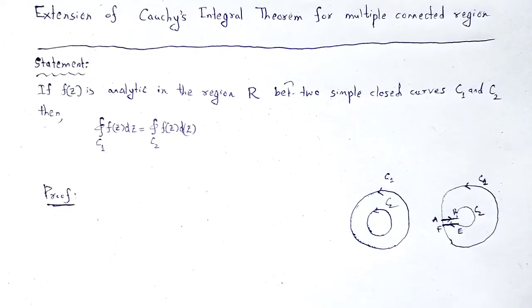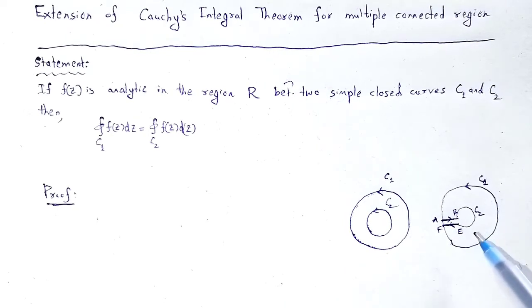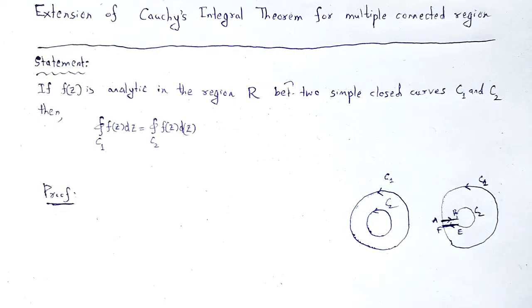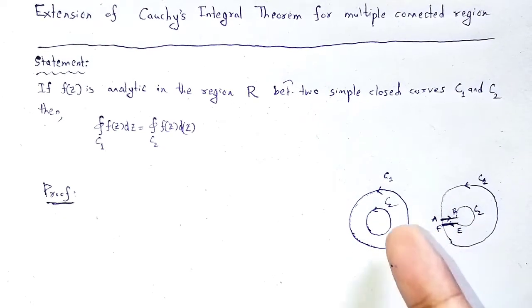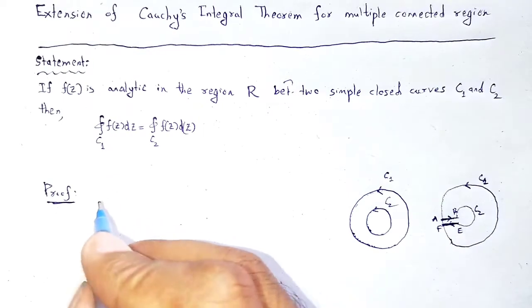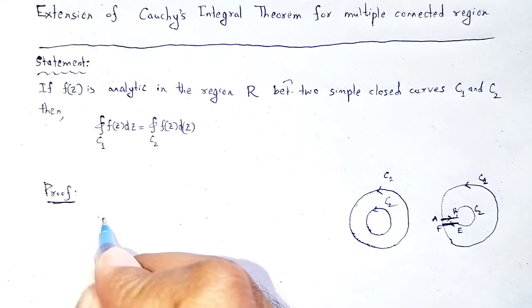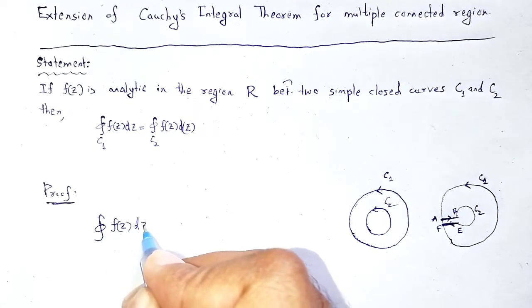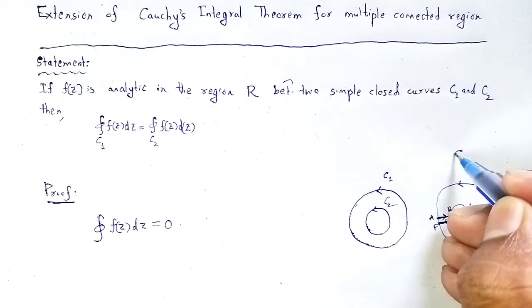AB and EF form a very small, very closed path, very small in the sense of the distance between the AB line and the EF line. Now the doubly connected region is converted into a simply connected one, and we can easily use Cauchy's theorem here. In the case of a simply connected region, Cauchy's theorem is used. According to Cauchy's theorem, the closed curve integration ∮ f(z) dz will be 0. Let us say that the entire curve is referred to as C.